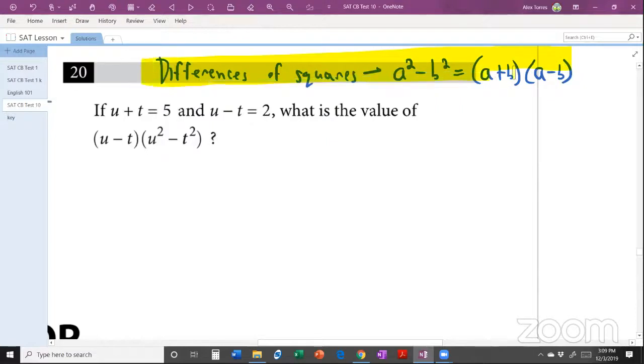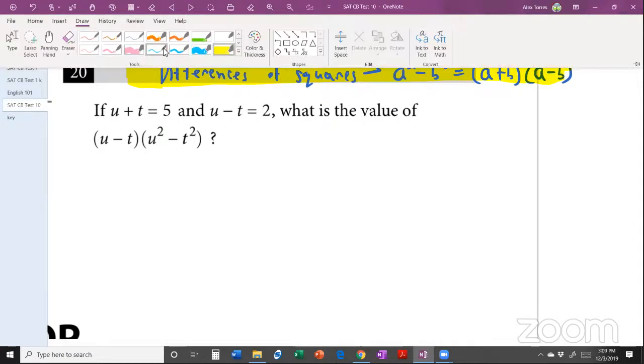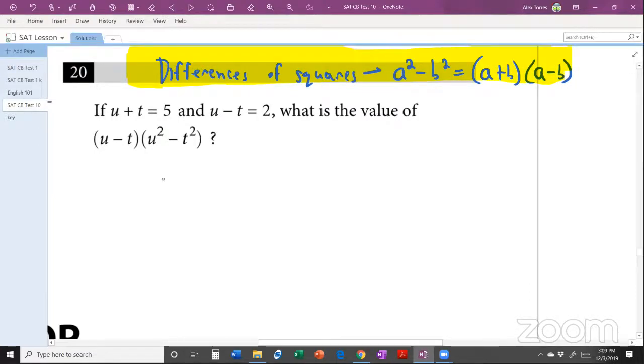And if we're applying that to this problem, super easy when you know what the problem was intending for you. But we'll have u minus t times u squared minus t squared, which factors to u plus t times u minus t.